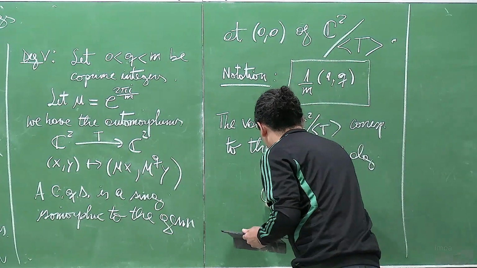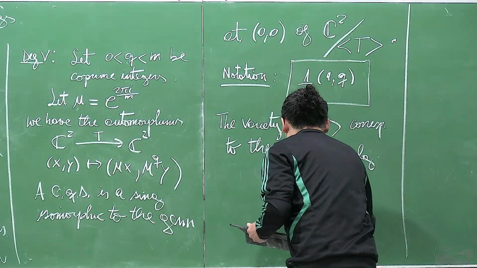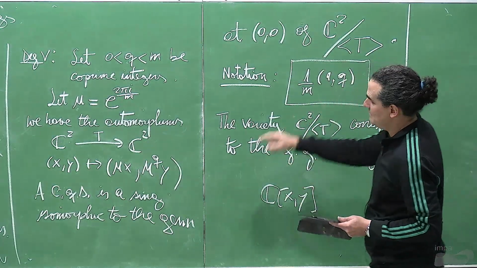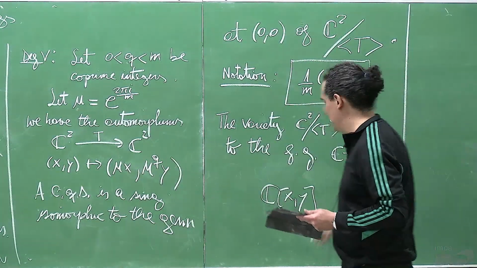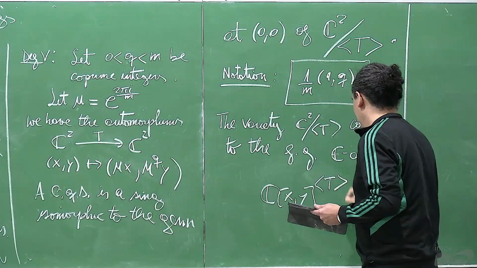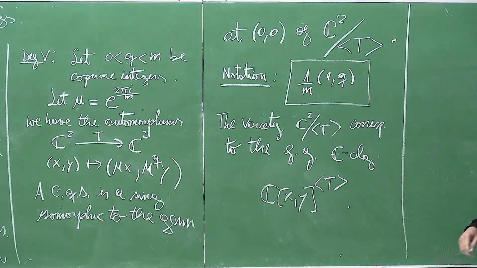So C[x, y], and you take the polynomials that are invariant under this action T.